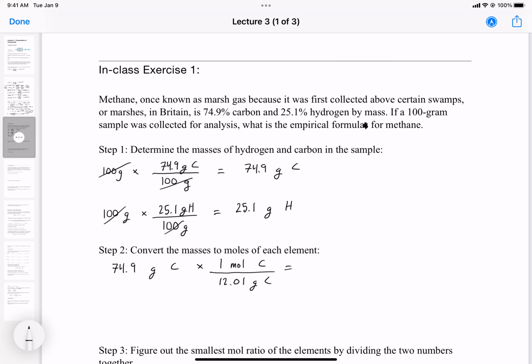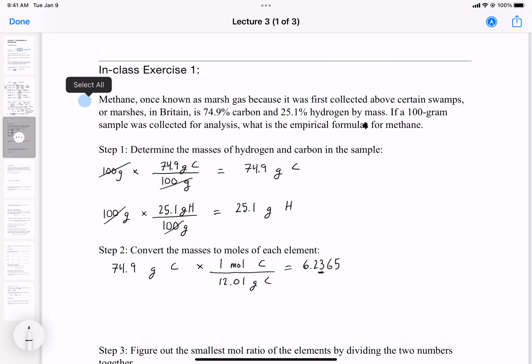Okay, so if we do that, we will get 74.9 divided by 12.01, and we get roughly 6.2365. So let's just keep a few extra digits here, but if we did round, we would underline this digit here.